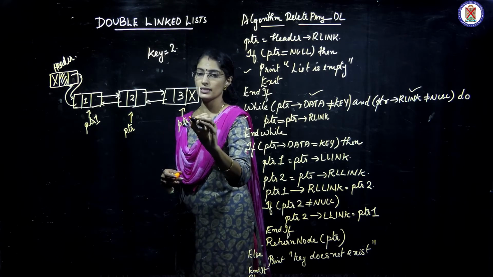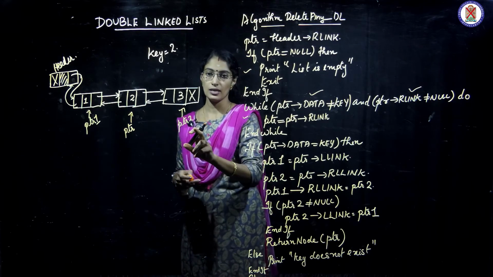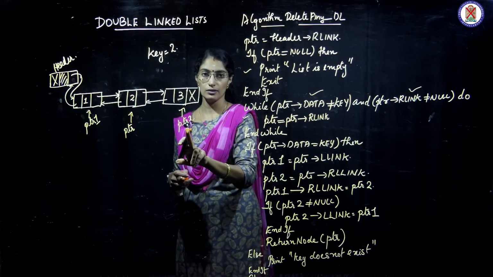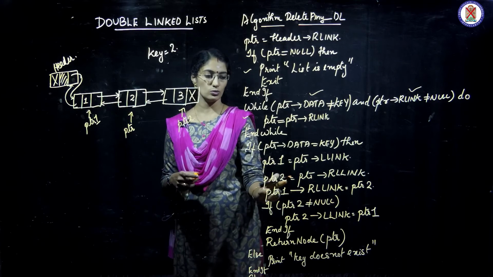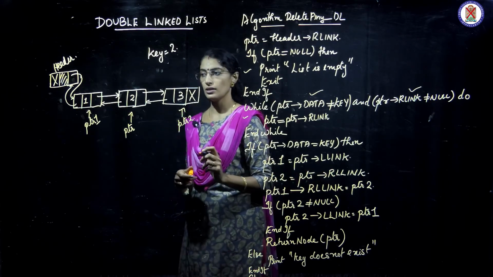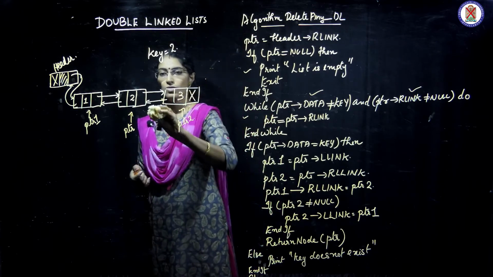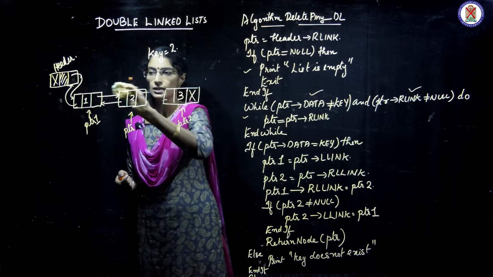And how is this assignment to be made? Right link of ptr is given to ptr2, that is ptr2 is equal to right link of ptr, right?